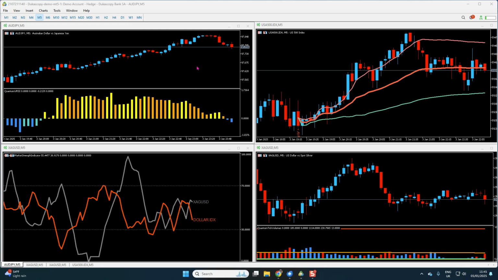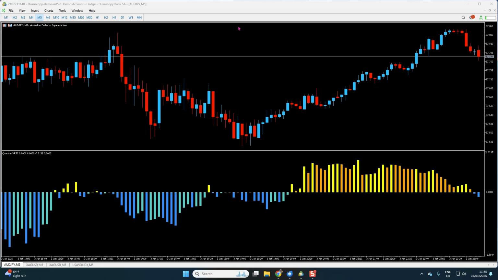And the third aspect we look at, which is probably the most important, is the height of these bars, these pressure bars that we call them. Now, the reason height is so important is because that signals in itself strength. The taller the bar, the greater is that pressure that is being driven into the trend.